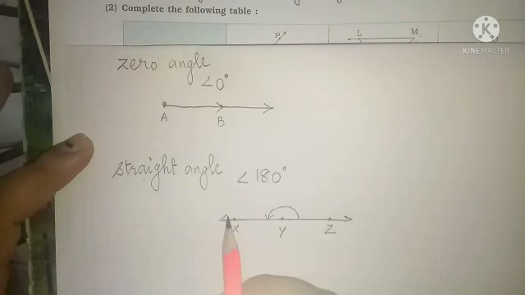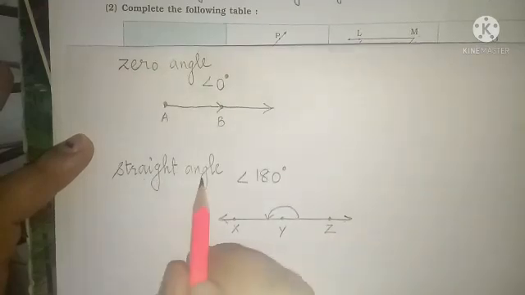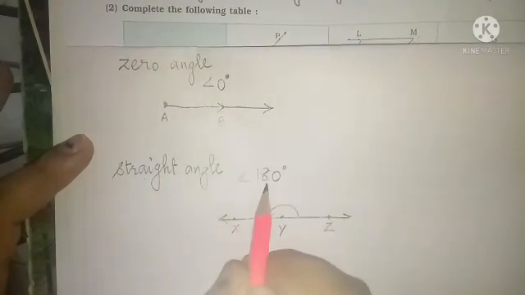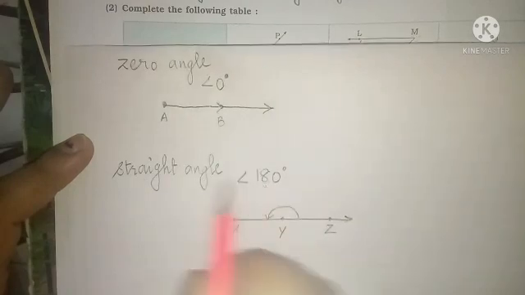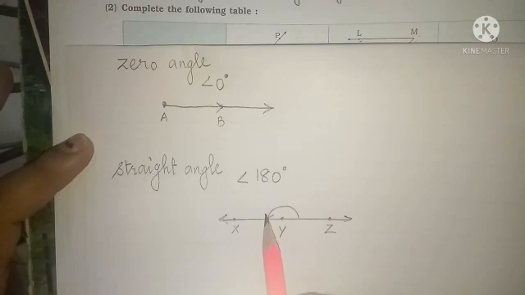When you draw the diagram for a straight angle, it will look like this. So you define a straight angle as an angle of measure 180 degree. And please keep the diagram in your mind, as I said previously, the diagram can come in your exam in match the column.